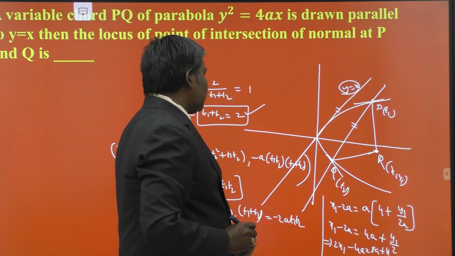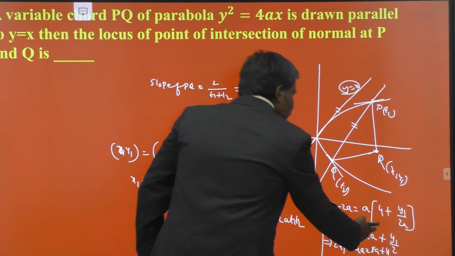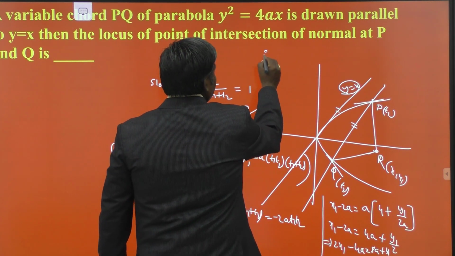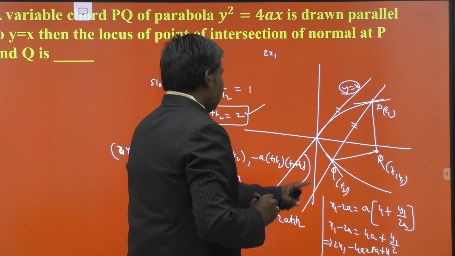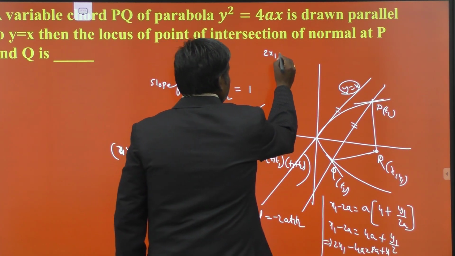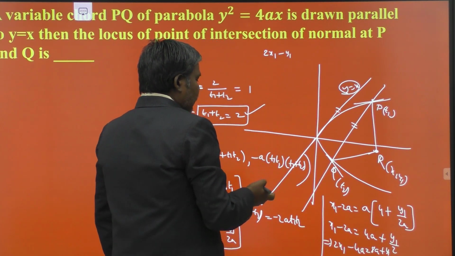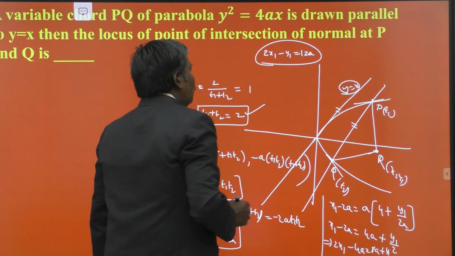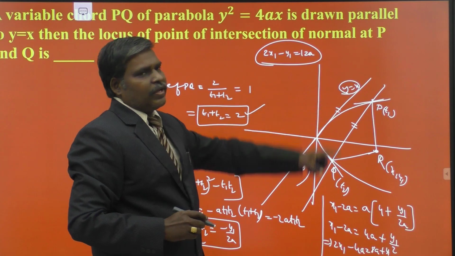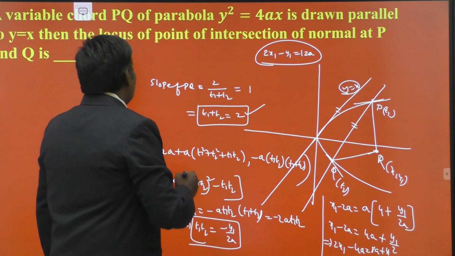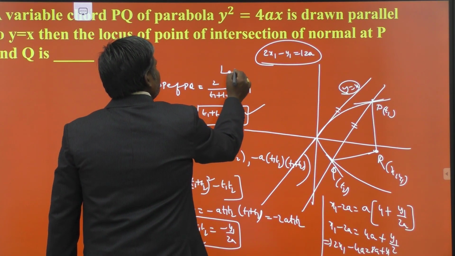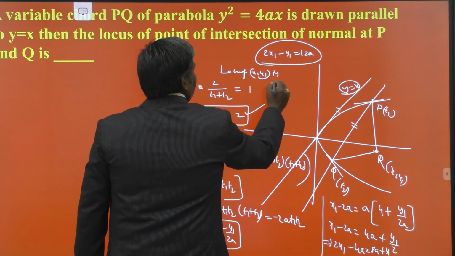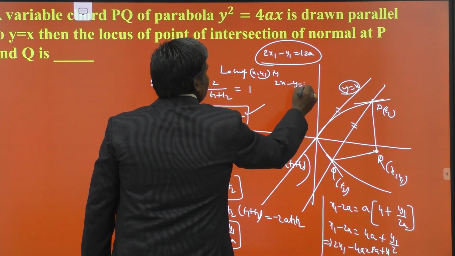So what is the final step? 2x1 minus y1 minus 12a is equal to 0, that is 2x1 minus y1 equals 12a. Therefore the locus of x1 y1 is 2x minus y is equal to 12a.